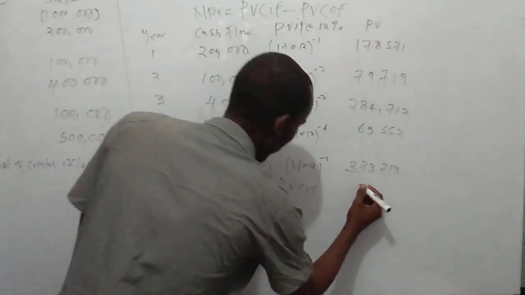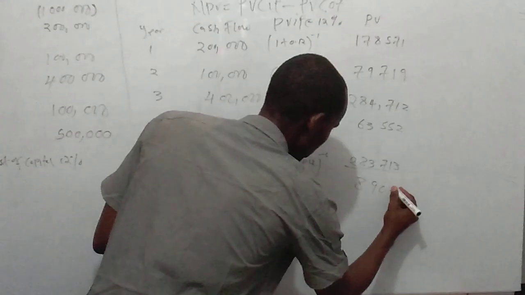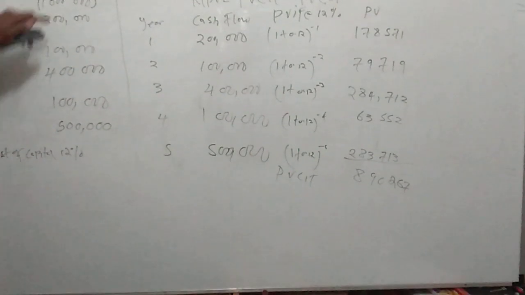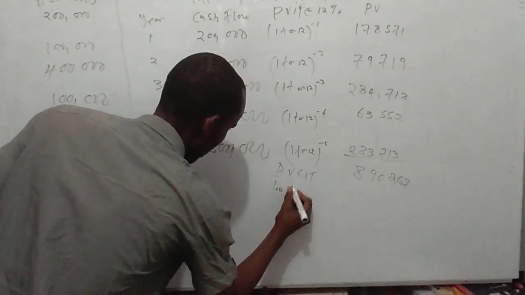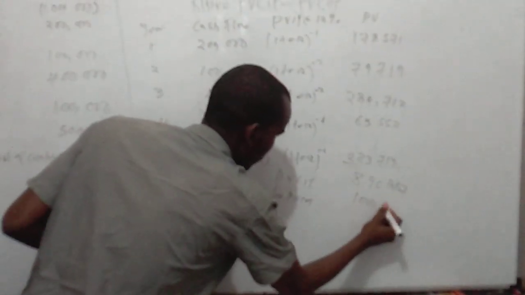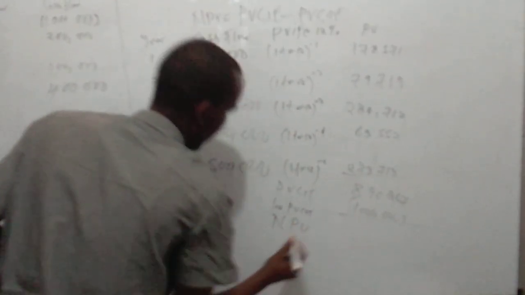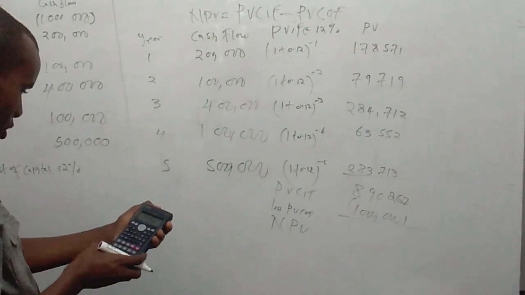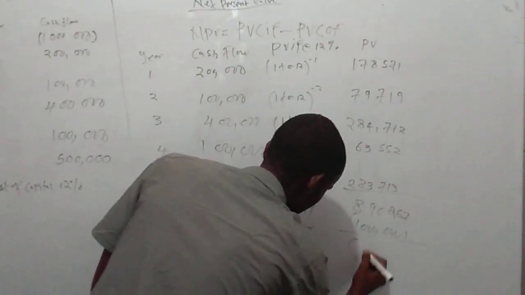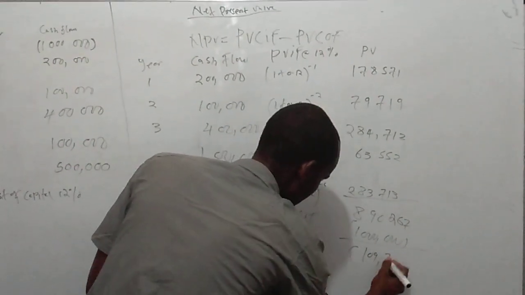So it's giving us 890,267. Then we less our present value cash outflow, which was 1 million. So we say less present value cash outflow of 1 million, and we get our net present value. So the answer is 890,267 minus 1 million. We're getting negative 109,733.